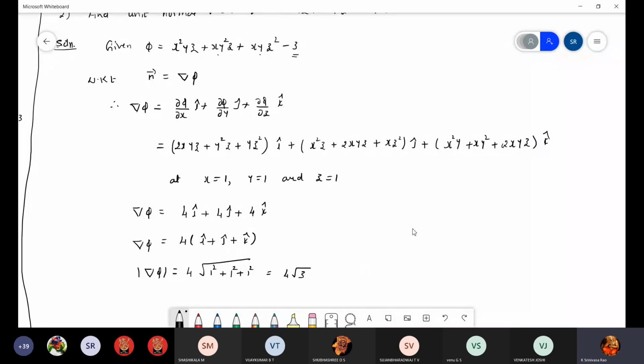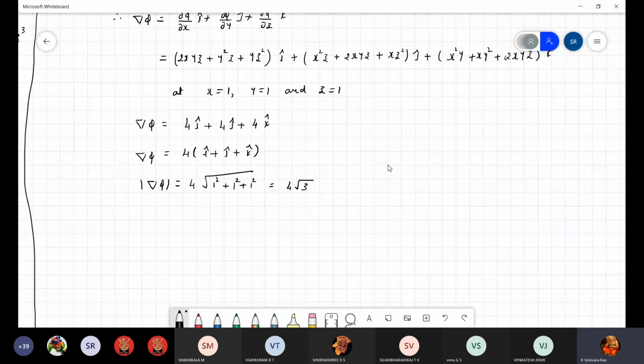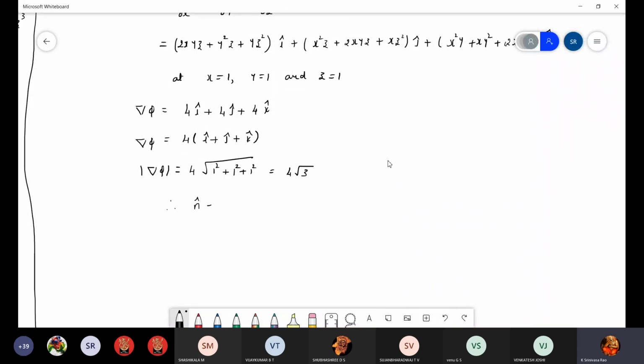Is it right? Therefore n cap equals the formula grad phi divided by its magnitude. So grad phi is 4 times i plus j plus k divided by 4 root 3. So 4 cancels. Therefore n cap equals 1 by root 3 into i cap plus j cap plus k cap.